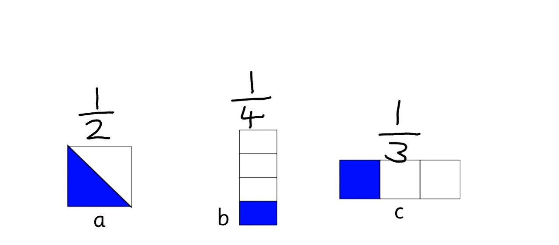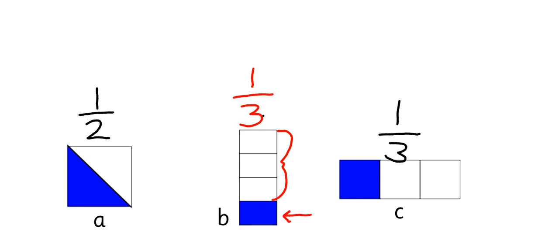If for B you wrote 1 out of 3, I can see why. Because there's 1 here and 3 here. But that is not how we form these unit fractions.